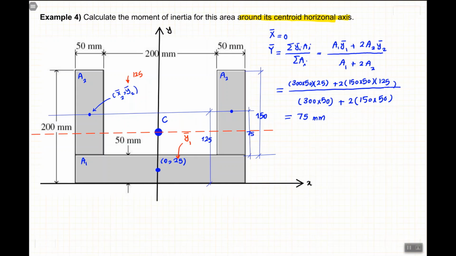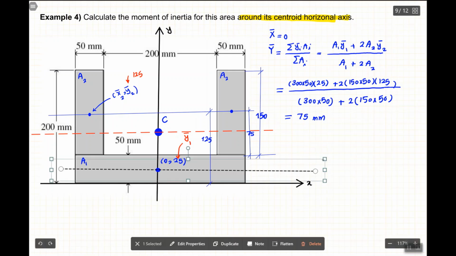Well, we know that for each of these areas that we have, let's say this one, A1, we know the moment of inertia about this axis, right?